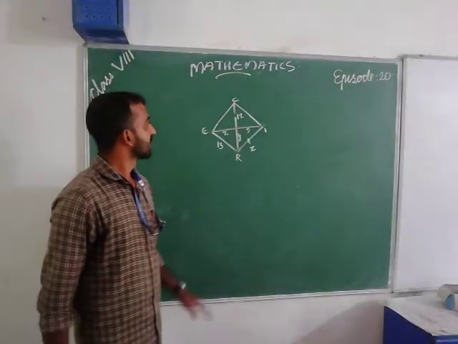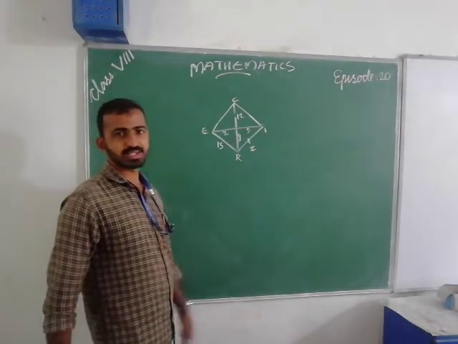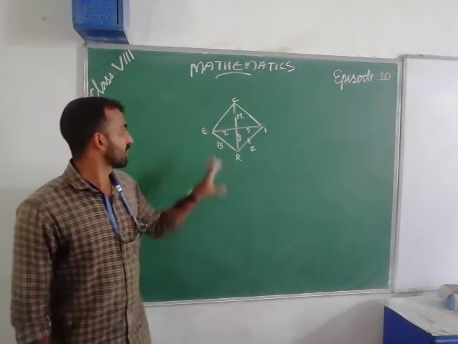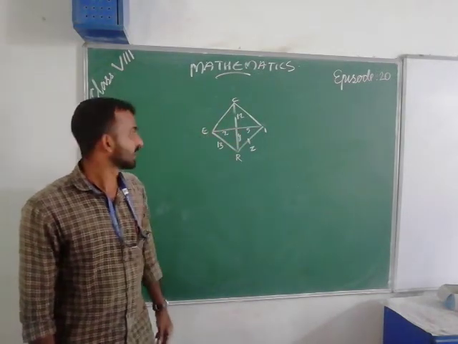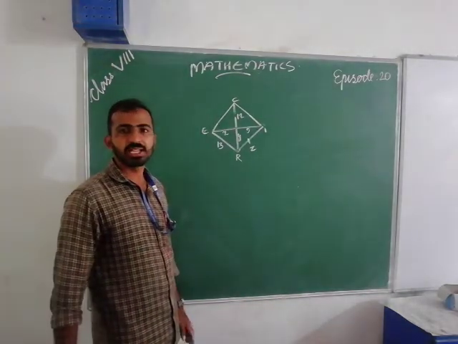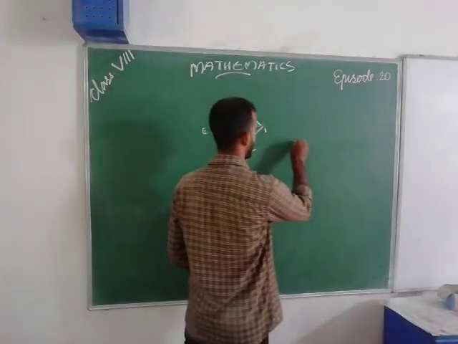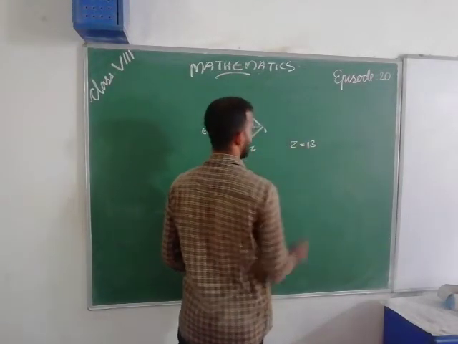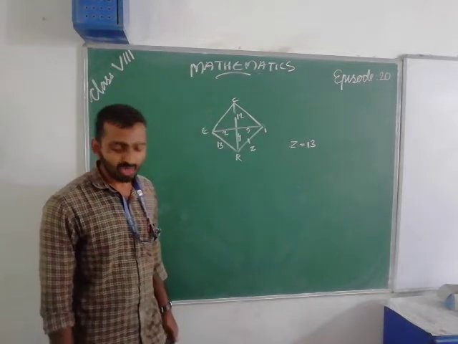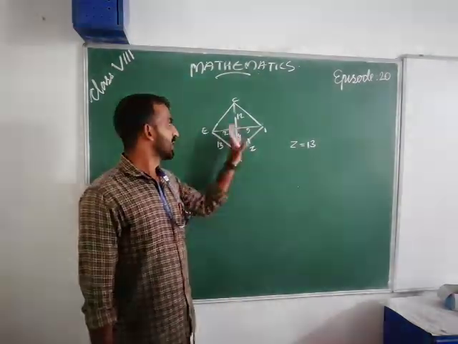What is z first? First I consider z equal to 30, because all sides are equal. ER is 30, then RI or IR is also 30. So z is 30. And next y. Y is 12.